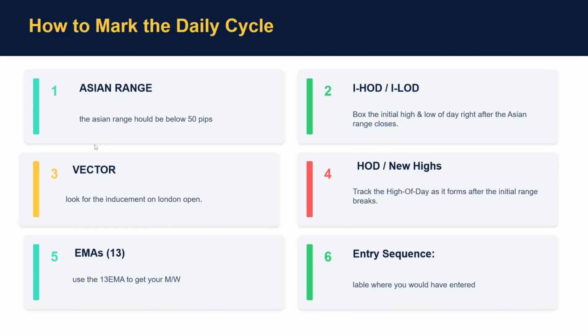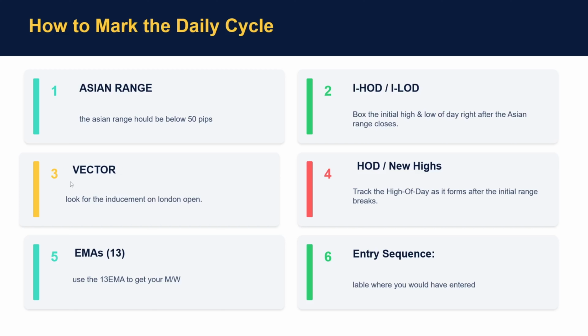So what you should be checking first is the Asian range. The Asian range should be less than 50 pips. That's the only chart that you should be marking, any chart with an Asian range below 50 pips. Also find the initial high of the day and the initial low of the day, which are the range of the Asia. Okay, the high of the Asia and the low of the Asia.